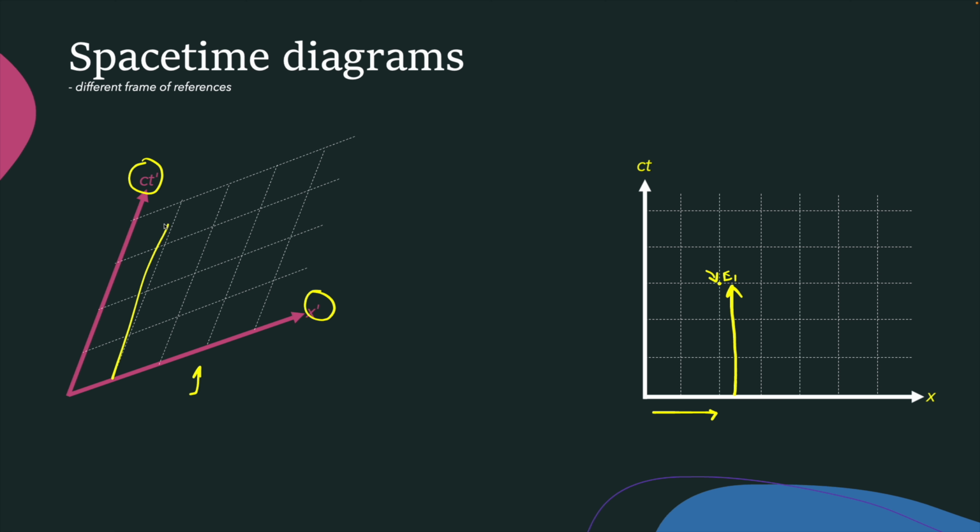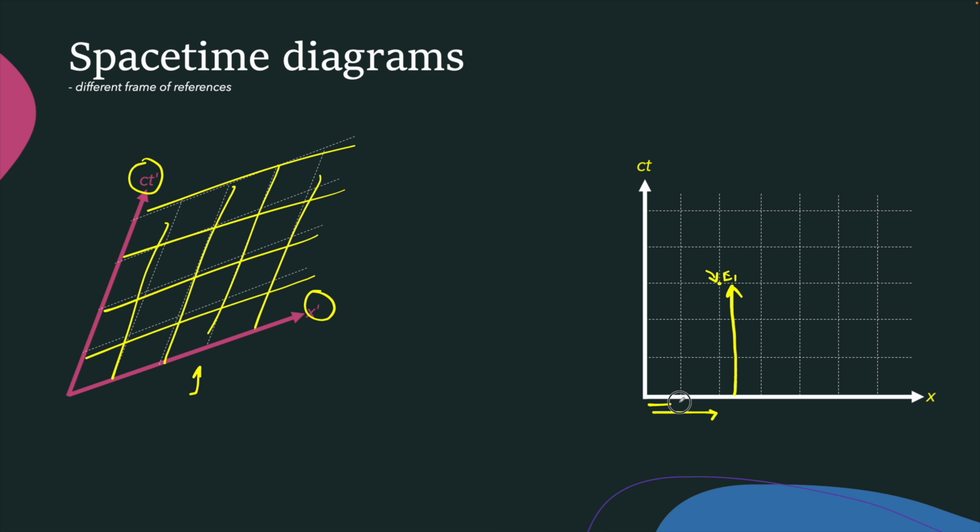That means we're going to draw parallel lines to my y-axis and parallel lines to my x-axis. Now keep in mind that 1 unit over here is not the same as 1 unit over here. So we're going to use some transformation to find how much 1 unit on our normal S frame axis is equivalent to 1 unit on the S prime axis, which we'll look into later.